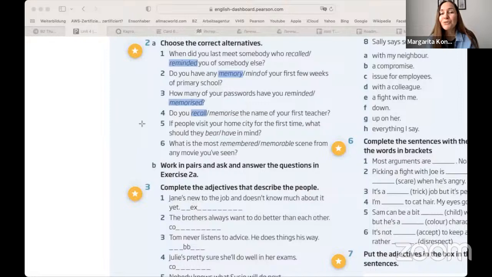What about you? Do you recall the name of your first teacher? Of course, I recall. She was named Galina Ivanovna, and she was not so kind. I think she was very strict, but in the first school, we visited a lot of interesting places.